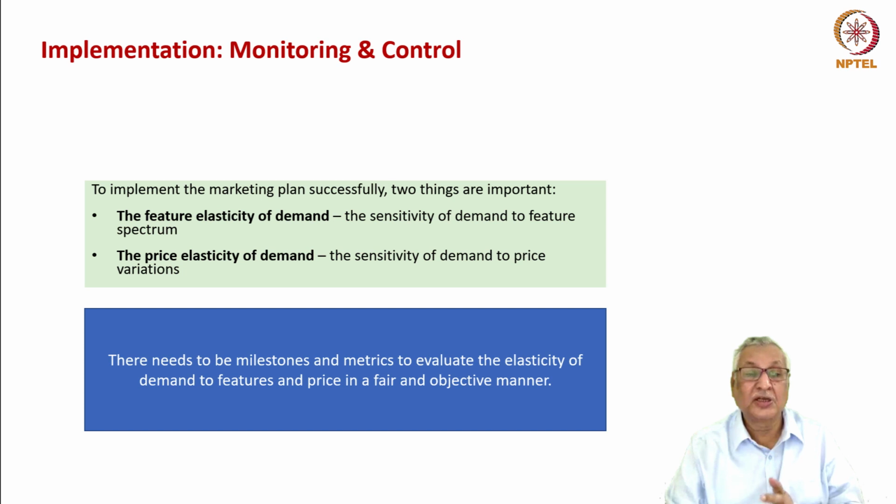That is the first question. Second, if you lower the price, will the demand increase, or if you increase the price, would the demand decline drastically? So, what is the sensitivity of demand to feature spectrum and also to price variations? There need to be milestones and metrics to evaluate the elasticity of demand to various features and price levels in a fair and objective manner.